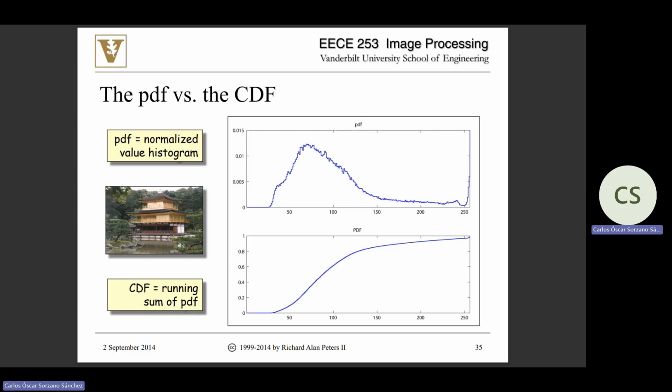So the probability of taking a pixel at random and having a value smaller or equal to 255 is 1. All of them are smaller or equal to 255. So this has to go to 1. And it is monotonically increasing. This function cannot go down, it has to stay or go up.